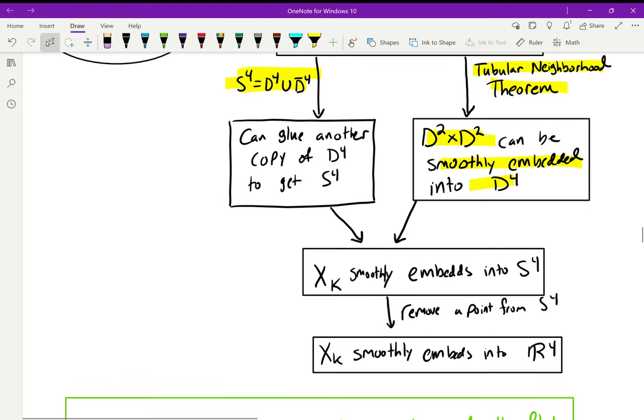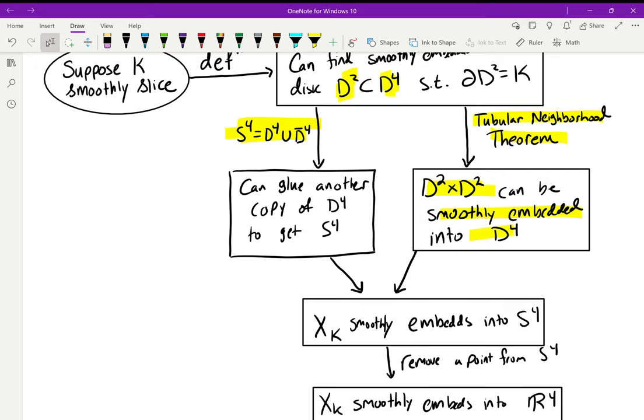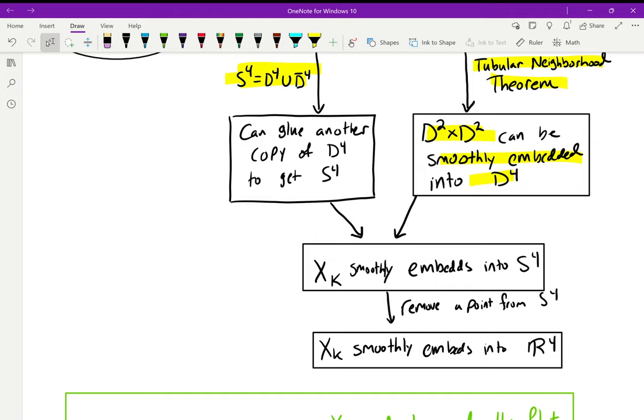And so these two things together give us that our knot trace smoothly embeds into S4, because we've taken our knot, we've glued the disk to it, and we've done so smoothly. And we can get that in R4 because S4 is the one-point compactification of R4, so we take a point away, and now we have our smooth embedding into R4. So our knot is smoothly sliced if and only if its trace smoothly embeds into R4.